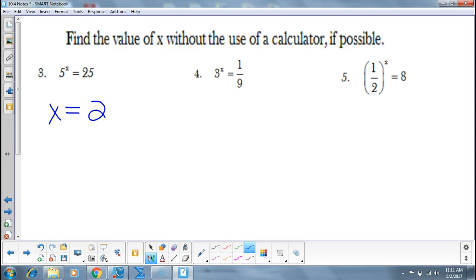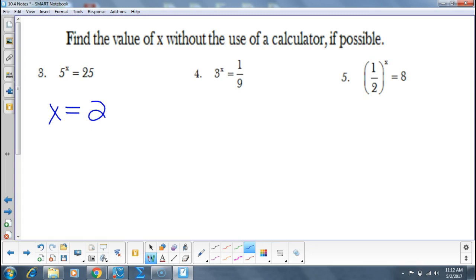Check it for me. Try your 1/27. Use your calculator. Try your negative third. 1/9, by the way, in decimal form is 0.1111 repeating. Did your 1/27 work? No. Did your 1/3 work?